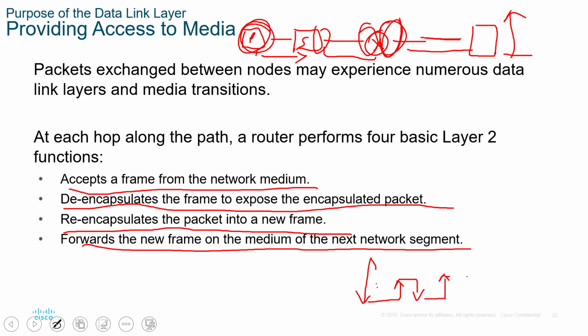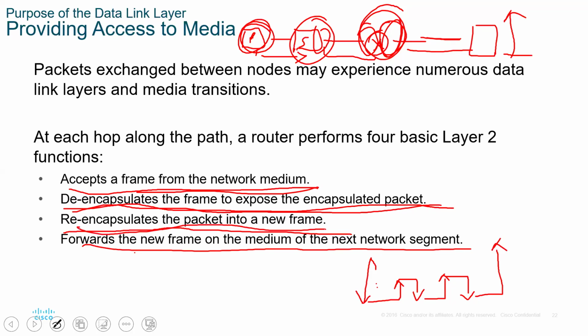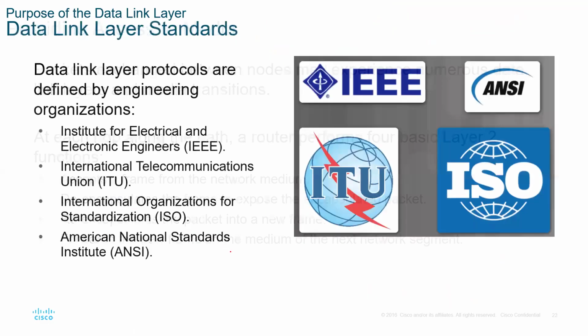So it does encapsulation, decapsulation, encapsulation, decapsulation. So we are saying that at each hop, this is like a hop, this is like a hop, all right? At each hop, it does 4 of this. It accepts the frame from the network medium, decapsulates the frame to expose the encapsulated packet, and then re-encapsulates the packet into a new frame before it then forwards it.